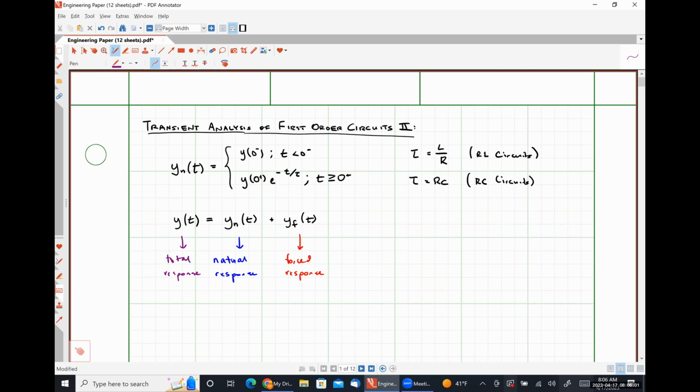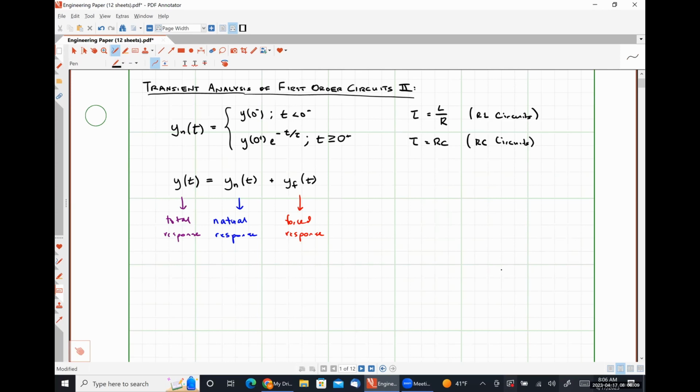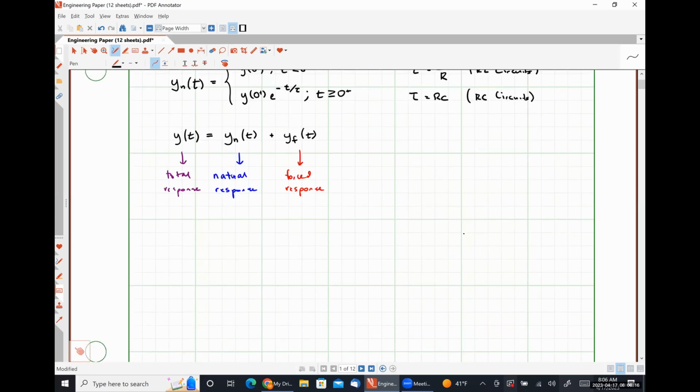So let's talk briefly about what a forced response means. So we're going to do this for an RC circuit, but it would be a very similar thing for an RL circuit, right? So consider the following circuit where we have a voltage source Vs, make that S look more S-like.